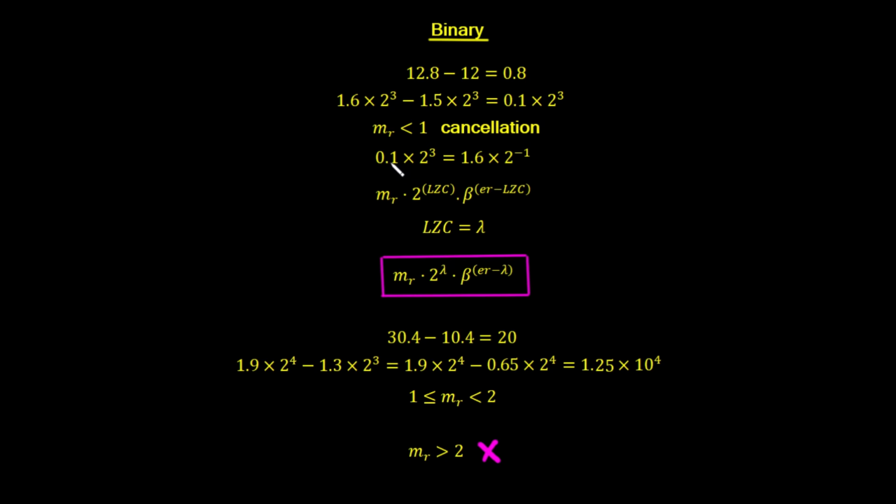So if I was to double this number until we get a number that's greater than or equal to 1 and less than 2, then I could double this once and I'll get 0.2, and then double it again, I'll get 0.4, double it again, I'll get 0.8, and double it again, and I'll get 1.6. So we've got a number 1.6 here, but we've had to double this 4 times.